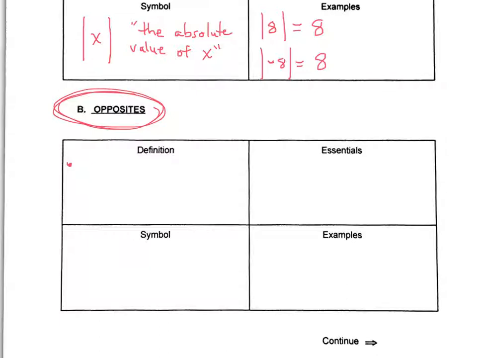Opposites are two different numbers that are the same distance away from zero. They are equal distances away from zero.